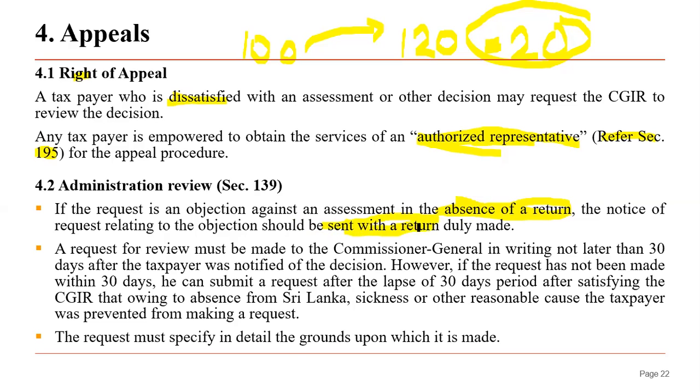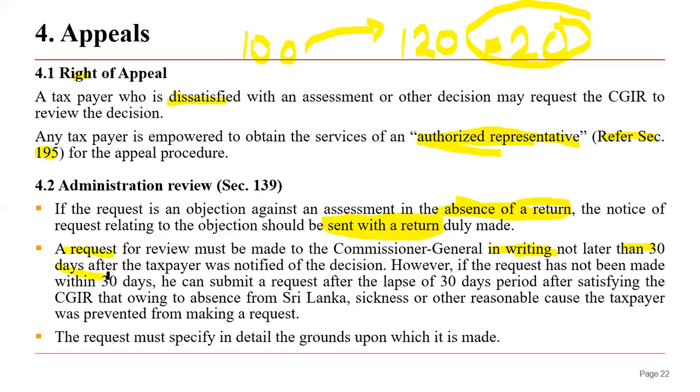If you did not file the return, you got the default assessment, then you need to submit the assessment together with the return, right? The second bullet point, a request for review must be made to the Commissioner General. Then you can appeal, basically request in the sense of appeal. Appeal, you need to do in writing or maybe electronically. Now it is electronic as well. Electronically, not later than 30 days.